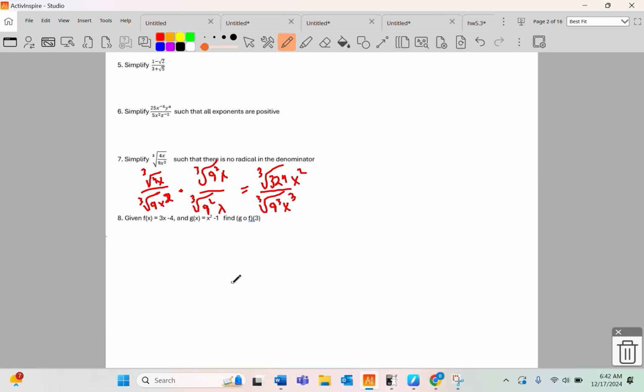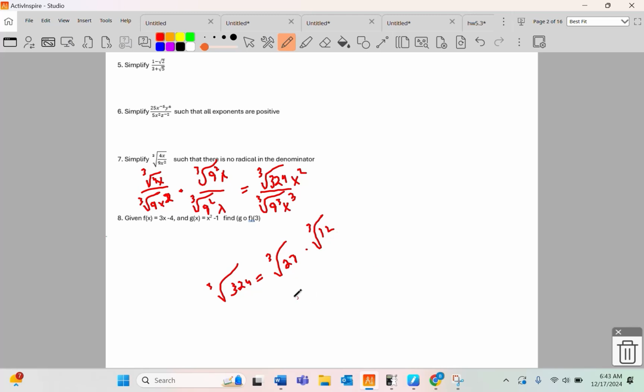So let's take a look at this cubic root of 324. It should be 27 times 12. Twenty-seven times 10 is 270. 27 times 2 is 54.